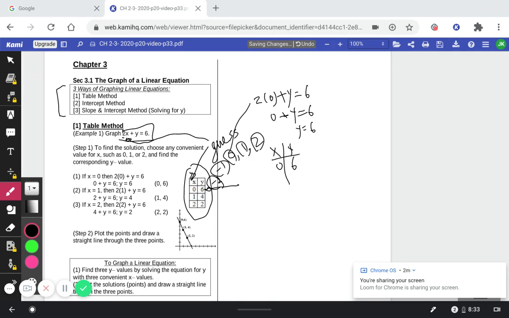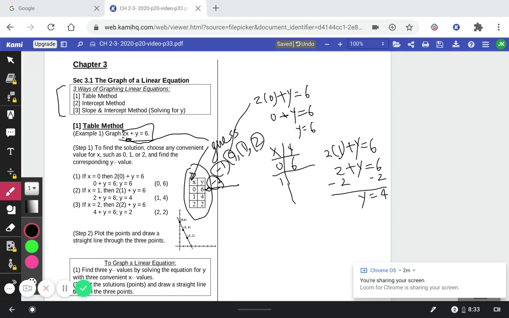For the second number, you plug in 1 as x. Then 2 plus y equals 6. You solve for y by moving the 2 to the other side with the opposite operation, so y becomes 4.